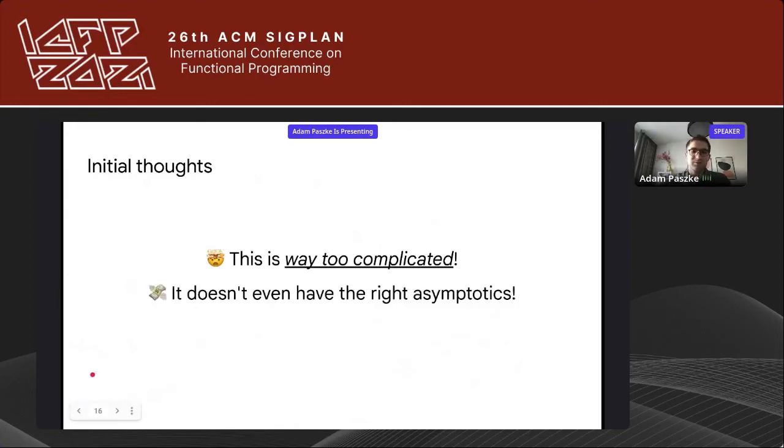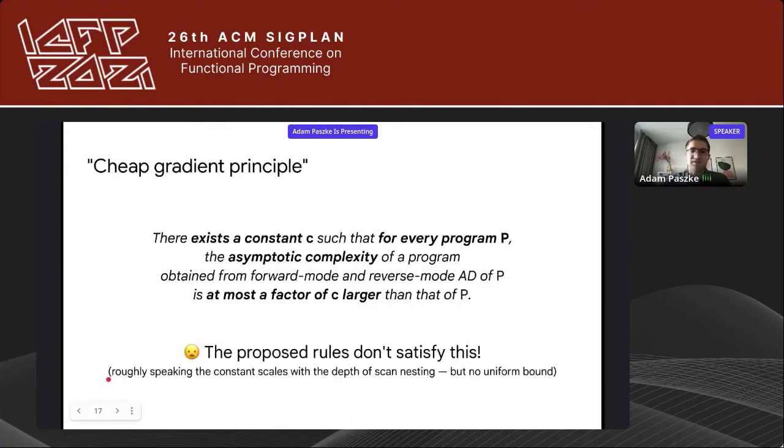And also, what's silly is that it doesn't even have the right asymptotics. There's a nice theorem in the AD community, which we often like to call the cheap gradient principle, which basically says that in your programming language, if you take all programs, there is a constant that is independent of the program that you pick, such that the cost of evaluating something like a JVP of f or VJP of f is at most that constant times the cost of evaluating f, right?